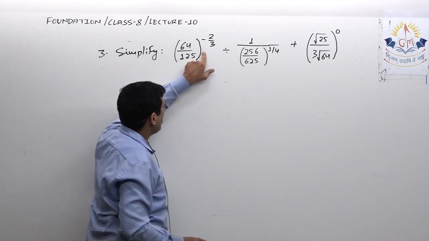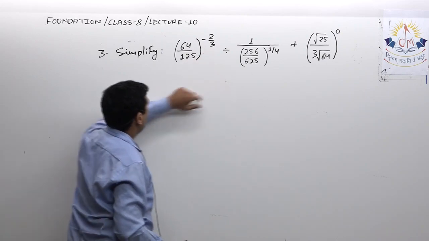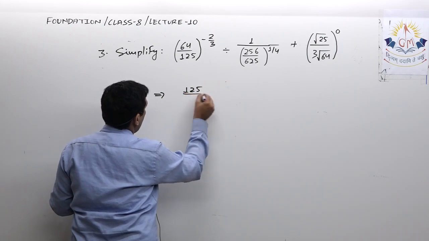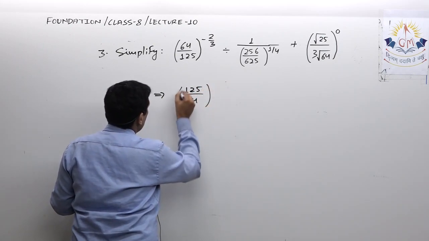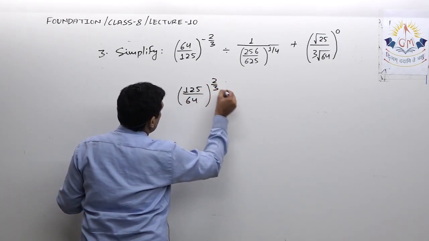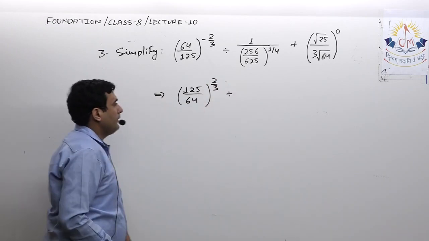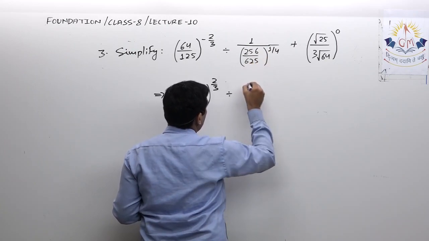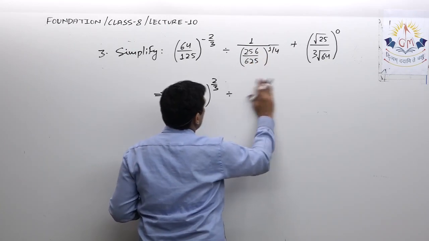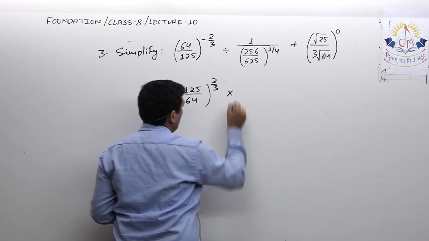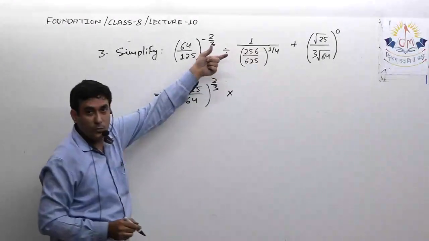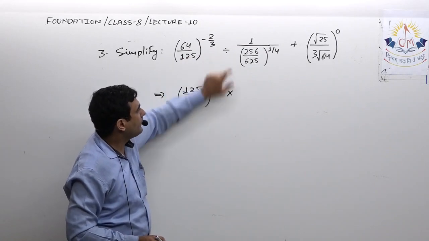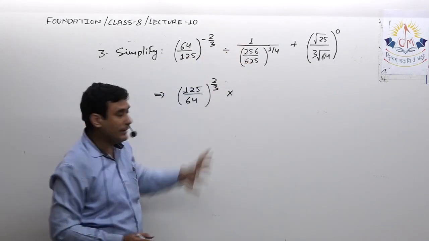So first of all we'll convert this power into positive. So this will become (125 upon 64) raised to 2 by 3. Now this is divided by 1 upon this, so I can convert this divide sign into a multiplication sign, and when we convert divide into multiplication, numerator and denominator get interchanged.